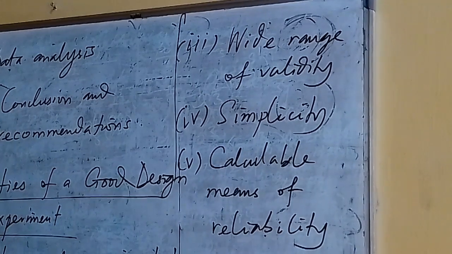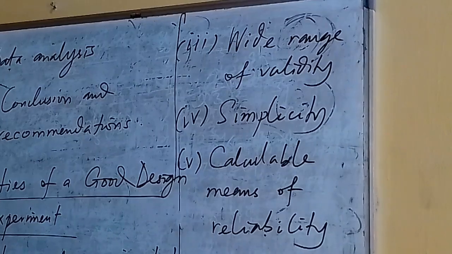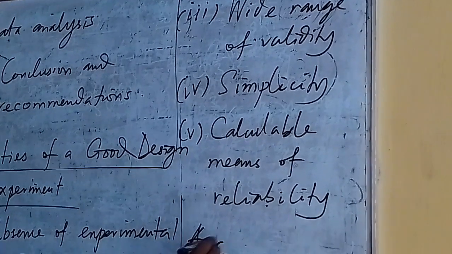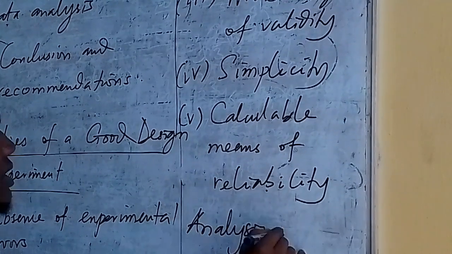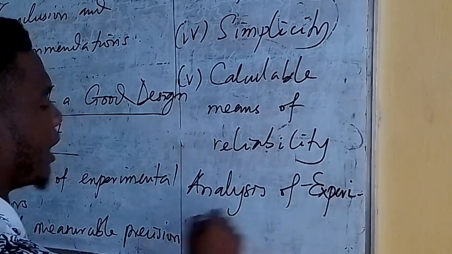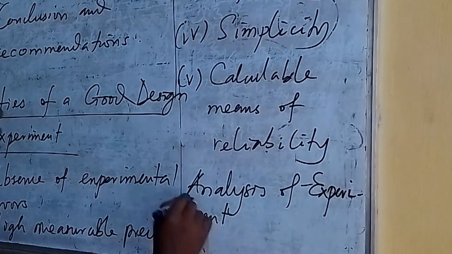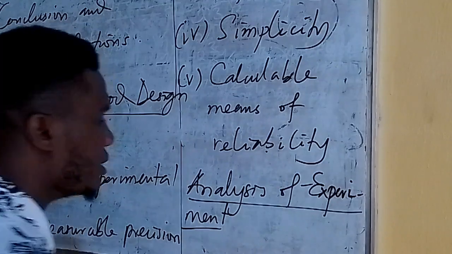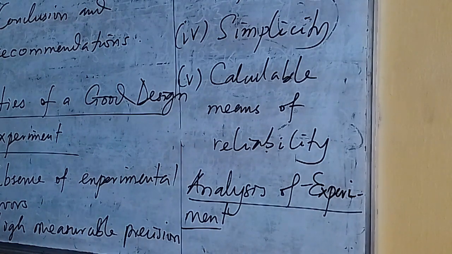Okay. Now, the last discussion is analysis of experiment. Remember what we've been talking all along was under design of experiment. Okay. So this is the last thing I want us to talk about to call our discussion off.